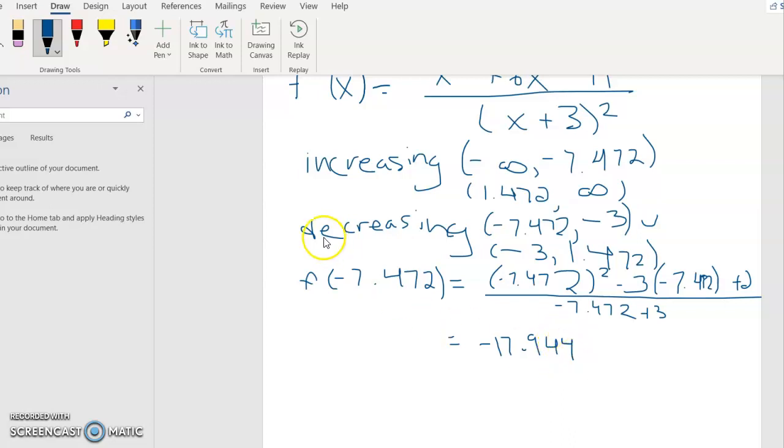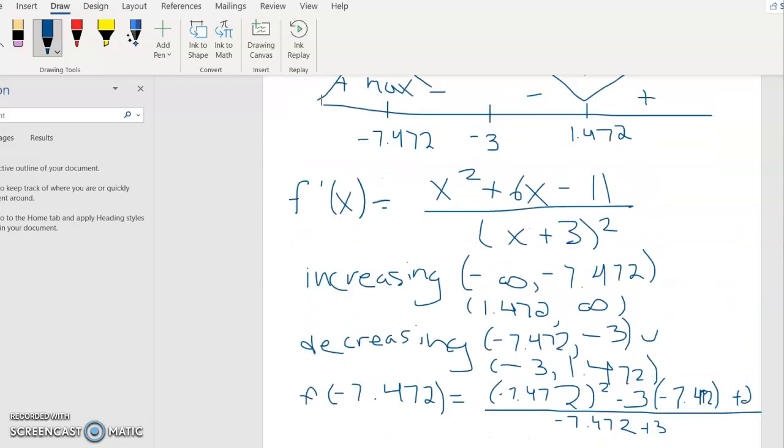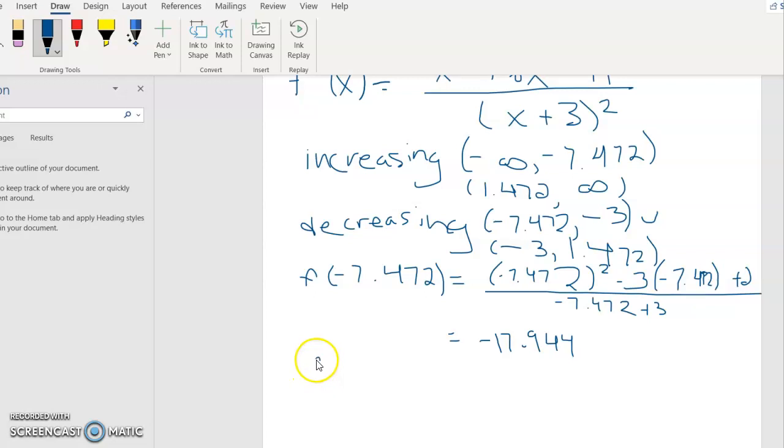And in a similar way, we want to put the other value, 1.472, into the original function.